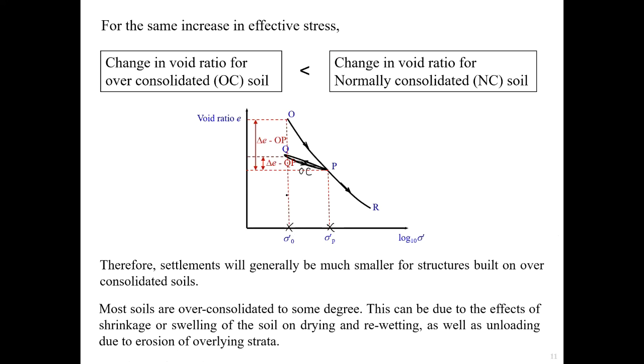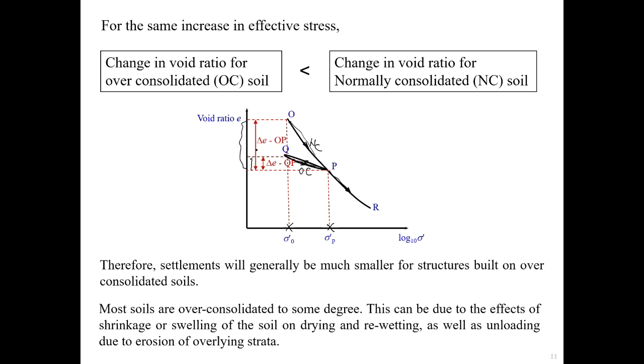We already briefly discussed this previously. And that's the NC stage. So for the same change in vertical stress, the change in void ratio for the OC soil is much less than the change in void ratio in the NC soil.